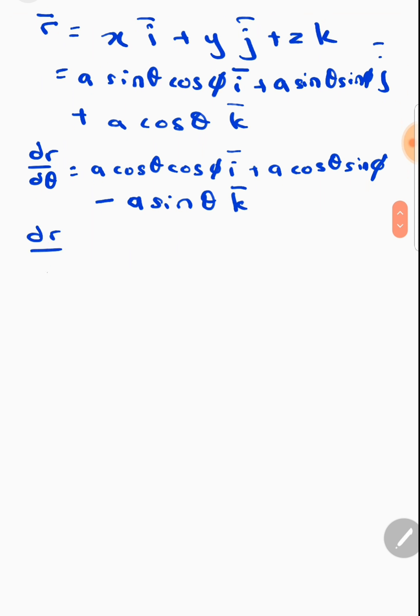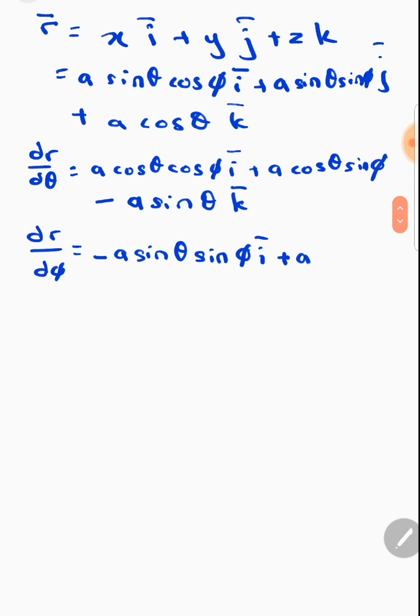Let's go to dr d phi then. Same thing goes. I have negative a sine theta sine phi i, because I'm differentiating cos phi, which gives me negative sine phi.